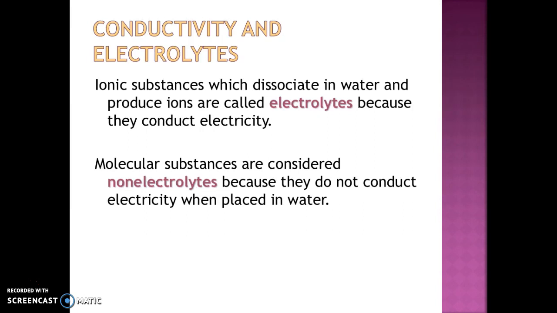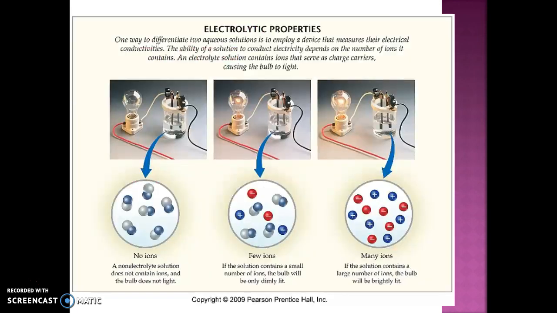However, those molecular substances which ionize are typically considered weak electrolytes. With a molecular substance, you wind up with no ions forming, so the light bulb doesn't go on. You have an ionic substance, you get a whole lot of ions, the light bulb goes on very strongly. However, if you have something like a carboxylic acid where you have a little bit of ionization going on, you get just a very faint glow of the light bulb.